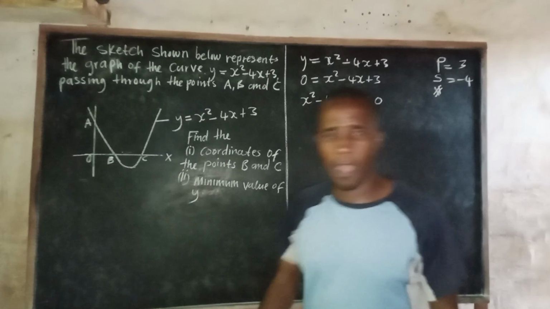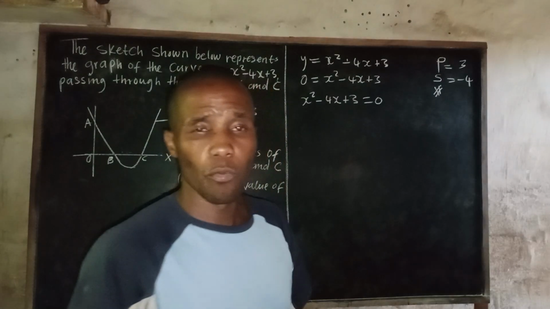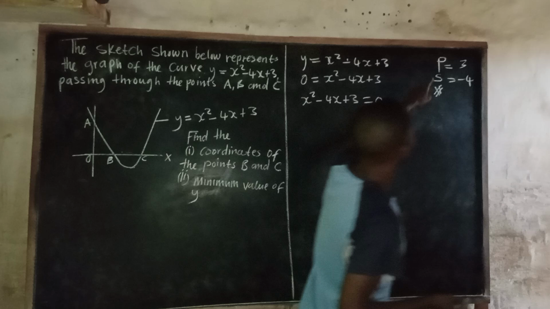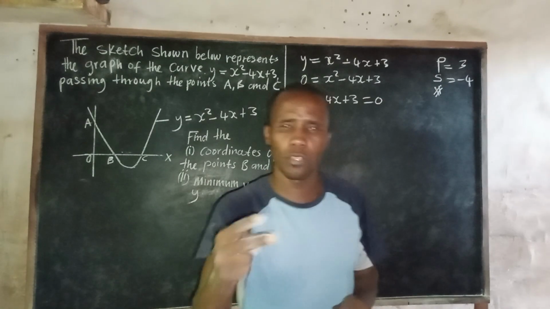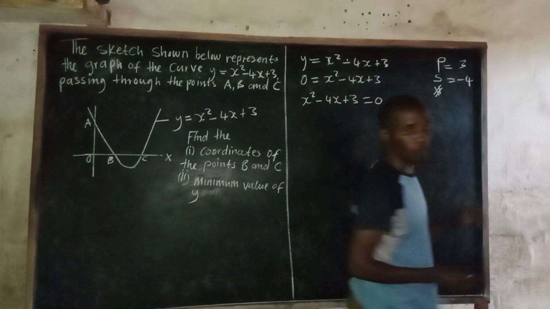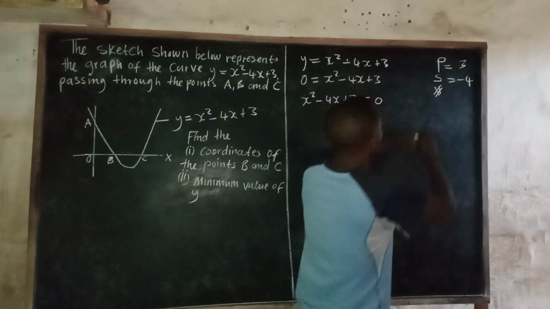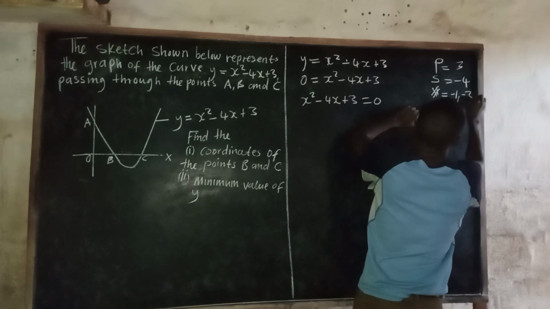So having found the product and sum, for the factors we need to look for two numbers. When we multiply them, since this is the product, we should have 3. Then when we add those same two numbers, we should have negative 4. What are those two numbers? Those two numbers are negative 1 and negative 3.